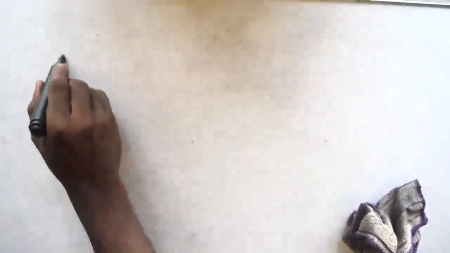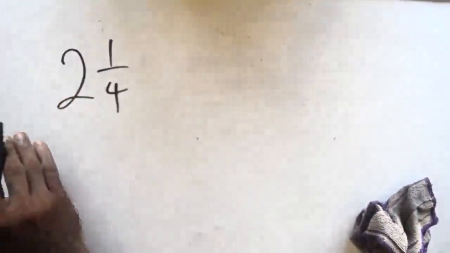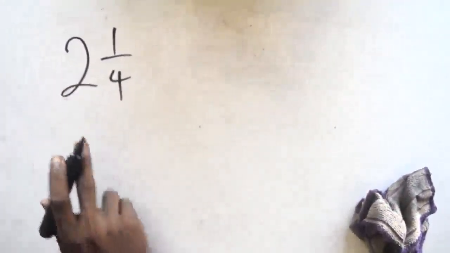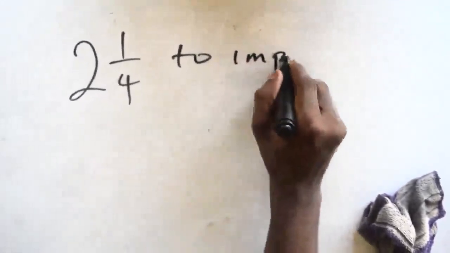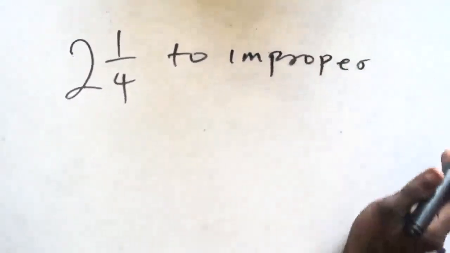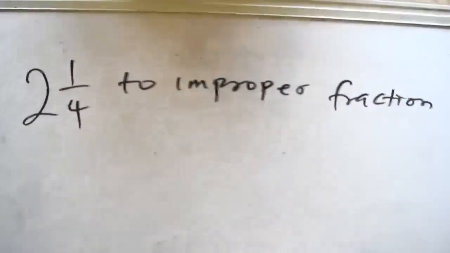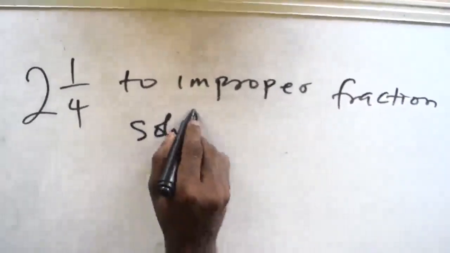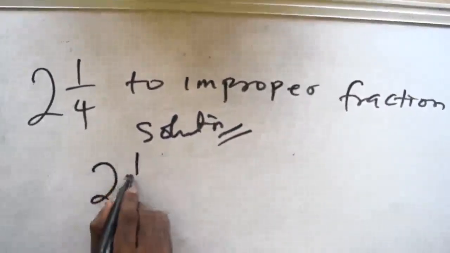Okay, so we have this. If I give you 2 whole number 1/4, I say convert this 2 whole number 1/4 to improper fraction. Now the solution to this would be 2 whole number 1/4.